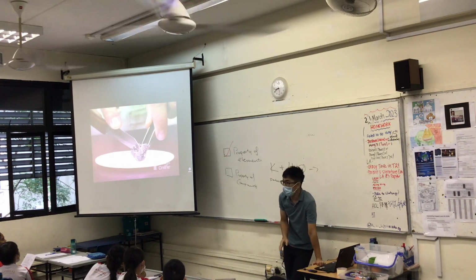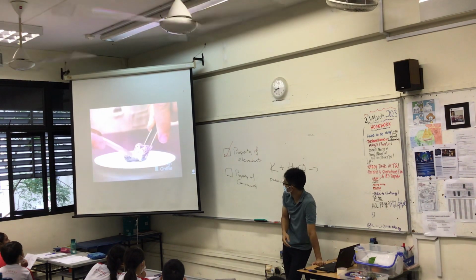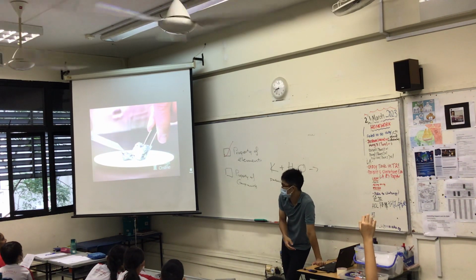Not all metals are hard. As you can see, potassium is quite soft. Potassium is a very soft metal.